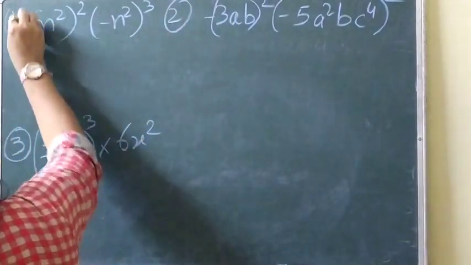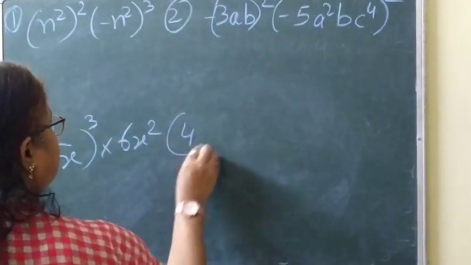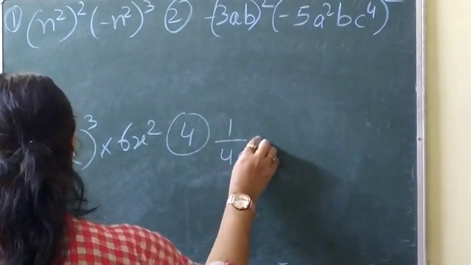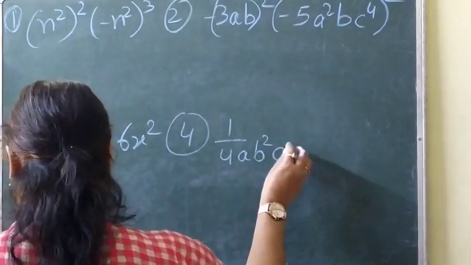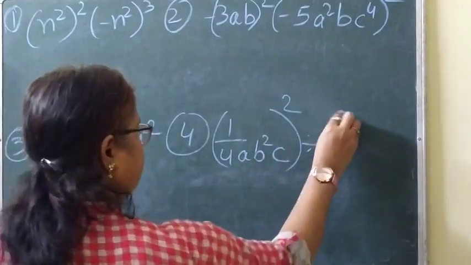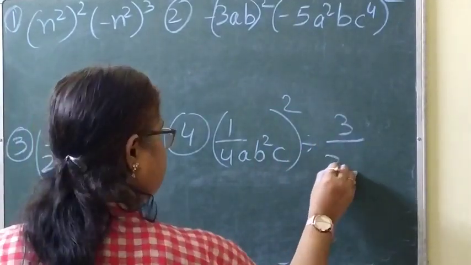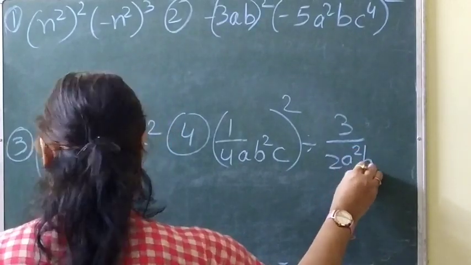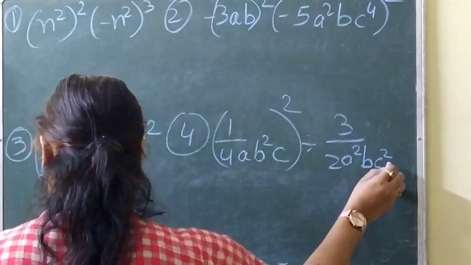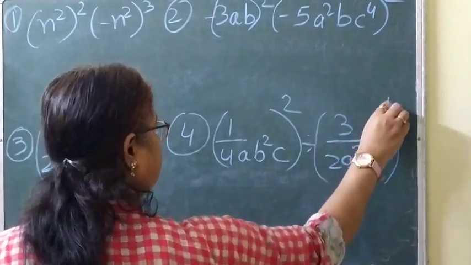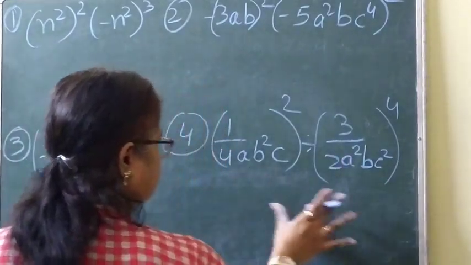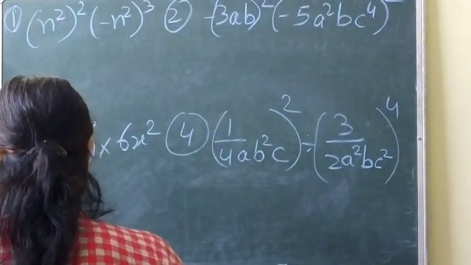This is second, this is first, and question number 4 is 1 by 4 AB square C, then square of this divided by 3 into 2A square, then B C square and then 4. I think we will not be able to solve this one because this place is not enough. Anyway, let's try.